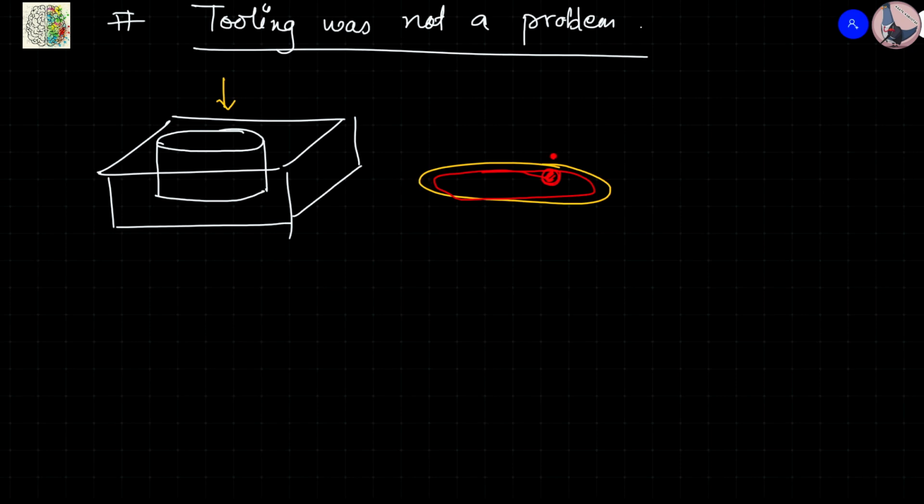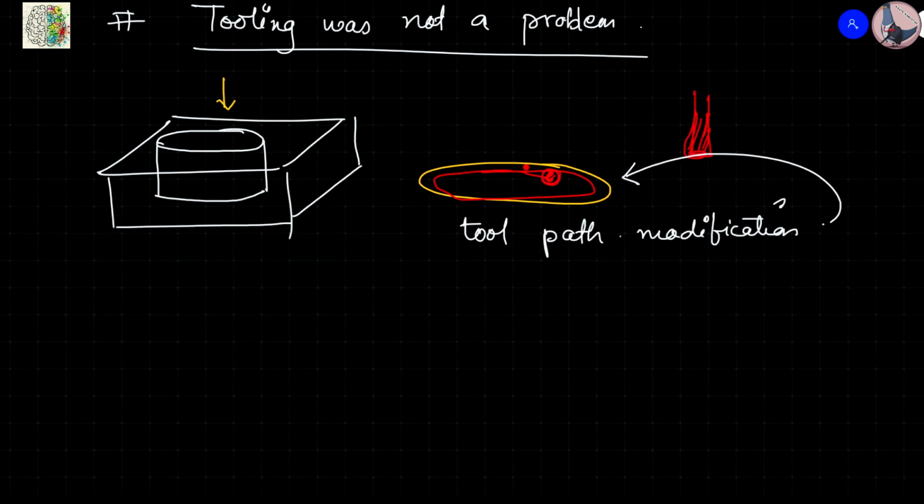Understood? This is the elliptical hole you wanted to make with a tool of this sort, some sort of milling tool. Suppose it has some flanges, some cutting end, and you want to cut an elliptical hole. So just by designing the tool path, by tool path modification, you can achieve any sort of shape, a shape which is not similar to the tool.